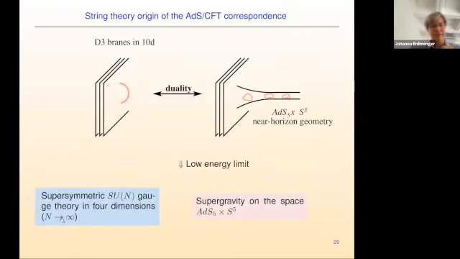We have an SU(N) gauge theory, and inherently in this entire construction, N has to be infinite, because that corresponds to the low energy limit, which takes us from a quantum gravity theory to a classical theory.